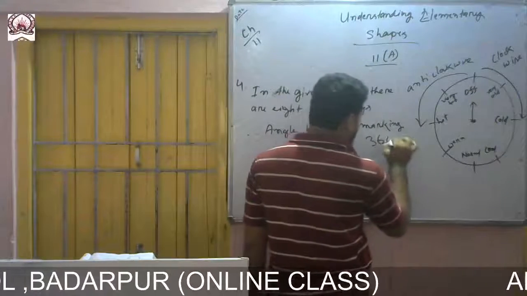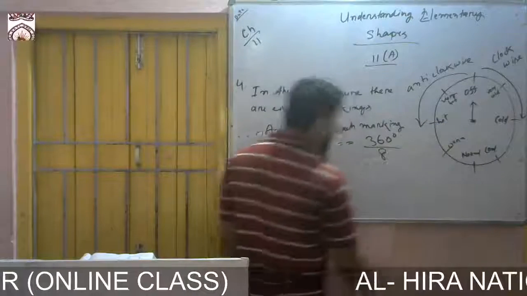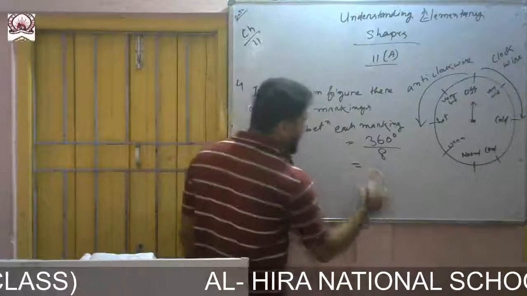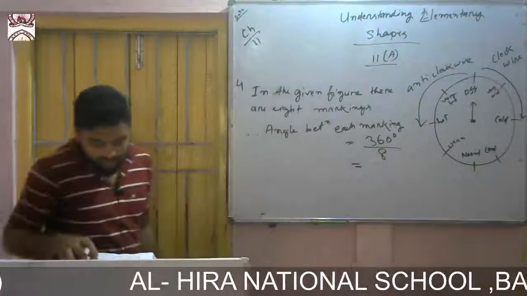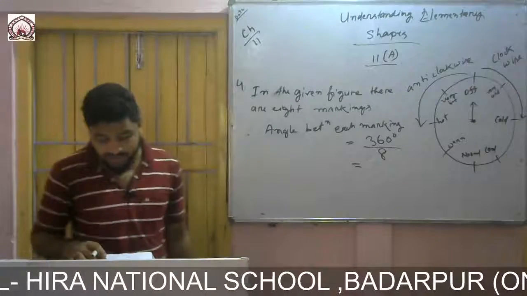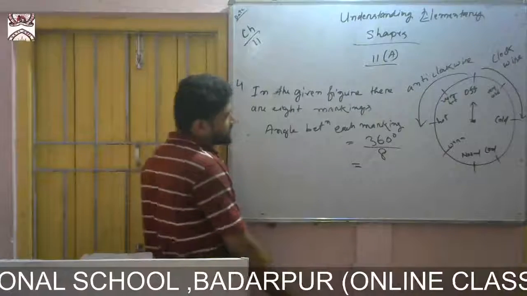The whole is 360 degrees, and there are 8 markings. So I shall get the angle between each marking. So if I divide 360 degrees by 8 markings, then what?